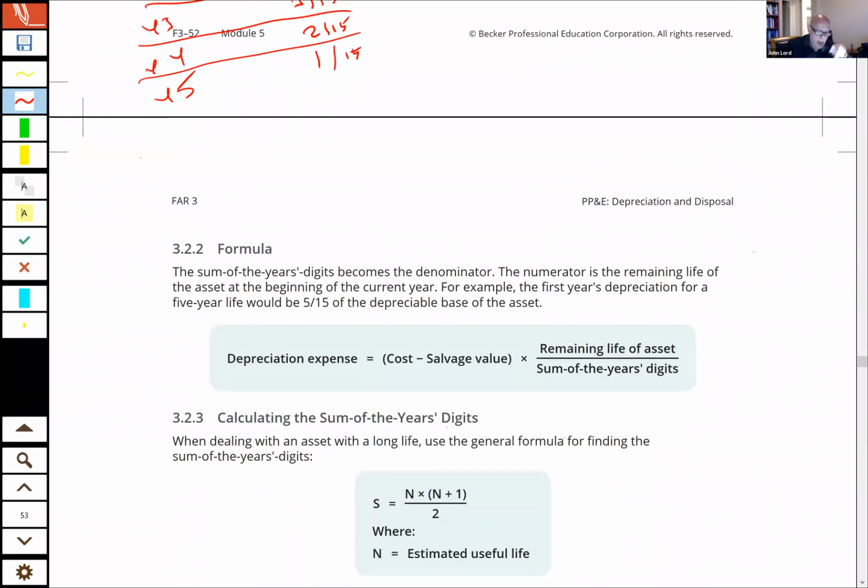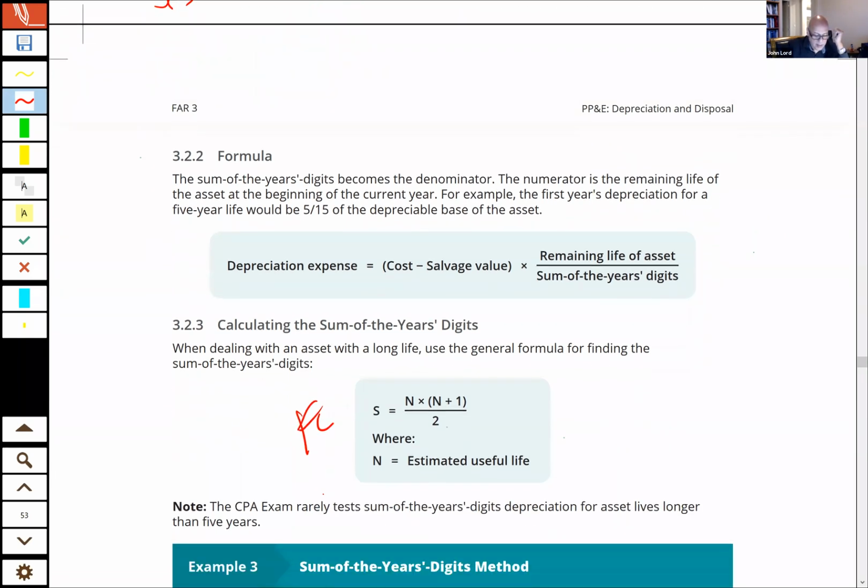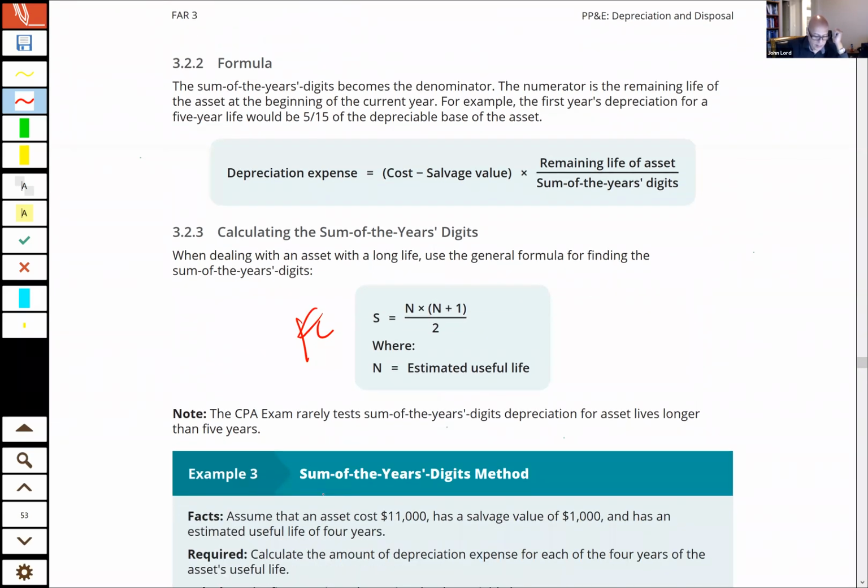Now, I don't want you on the exam with an asset that has a 50-year life and you're stuck there going 1 + 2 + 3 + 4 + 47. Did I say 46? Let me start over. Okay, so you need to memorize this right here, not this. You need to put that on a flashcard, and it's a way of calculating the life.